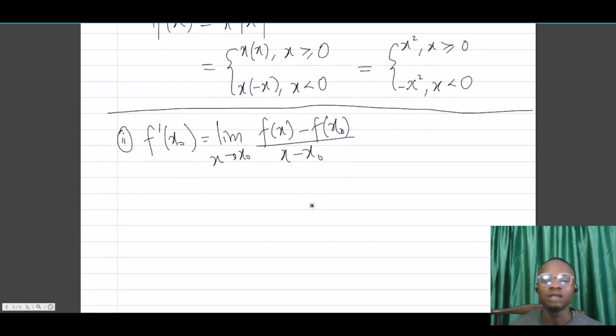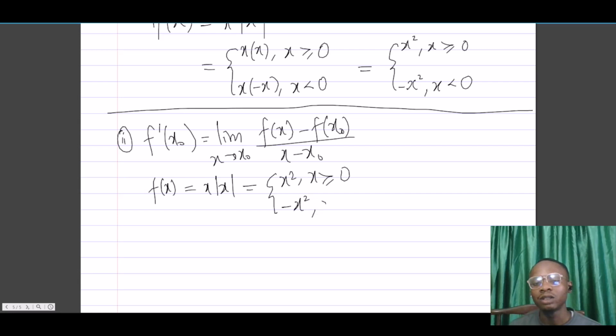Then for this function we have f of x equal to x multiplied by modulus of x, which we can write as x squared, as we have broken it down above, when x is greater than or equal to 0, and minus x squared when x is less than 0. That's the function we want to work with.